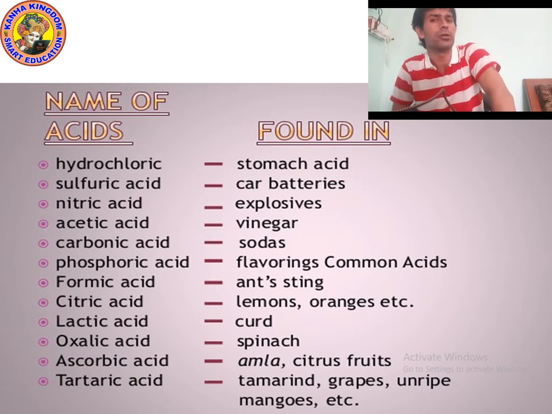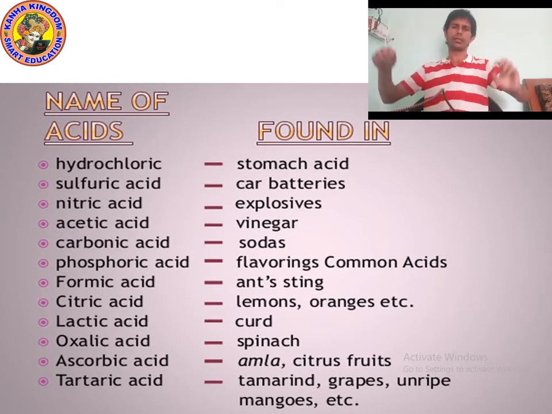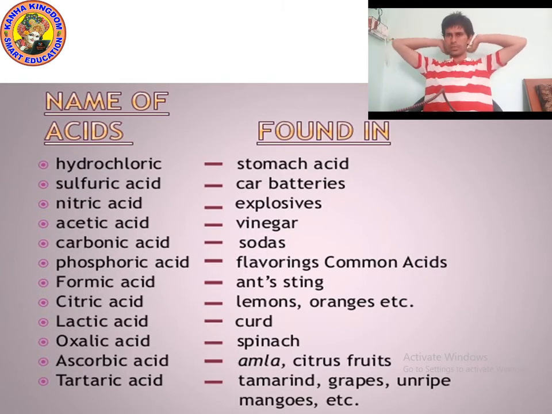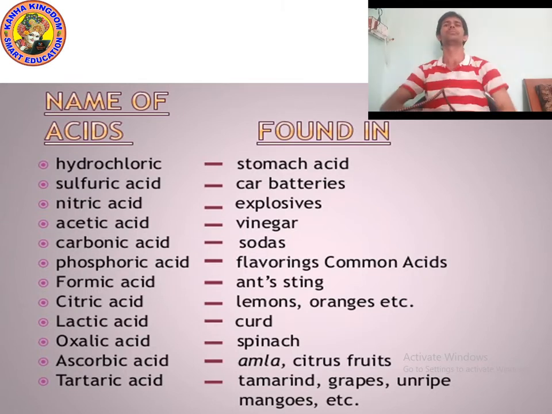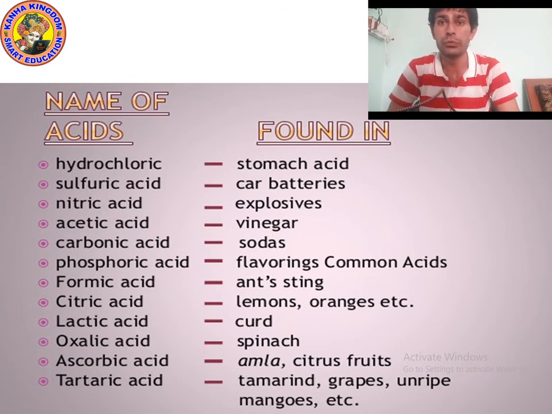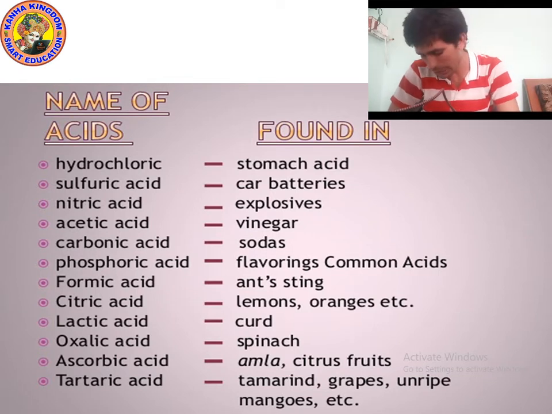Sulfuric acid is also known as the king of chemicals. Explosives, like a bomb, contain acid. Which acid? Nitric acid, HNO3. Nitric acid is present in explosives.